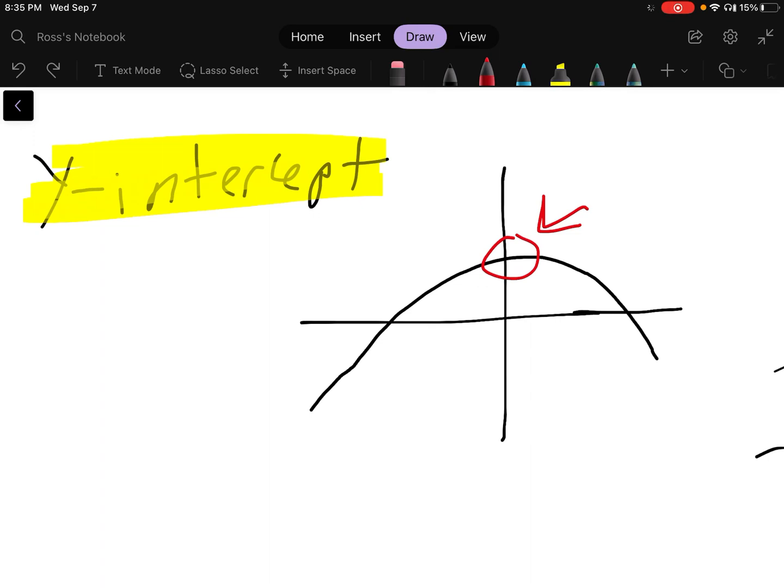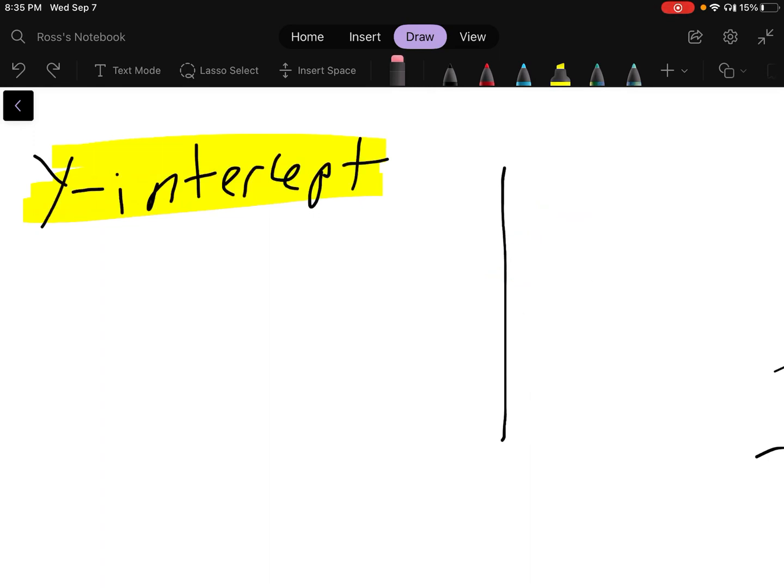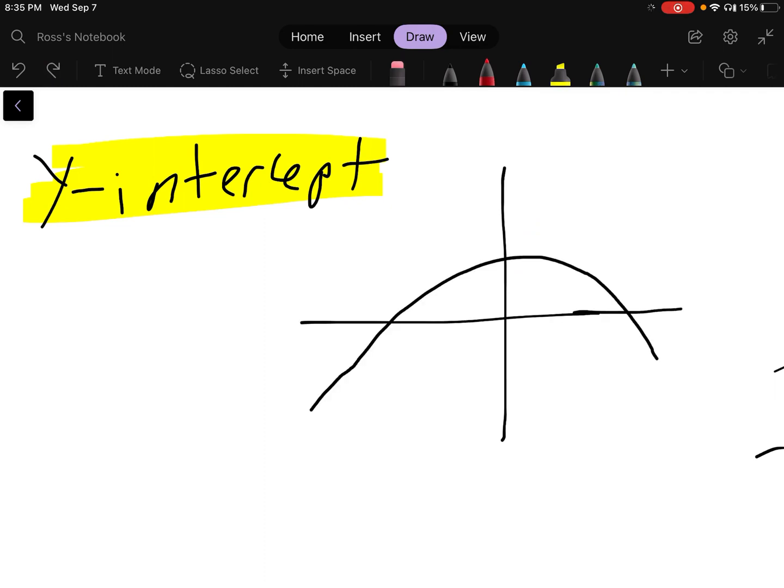Perhaps the most important thing about the y-intercept is the coordinates. We know that because it's on the y-axis, the x value is always 0, and then it will be some y value, okay?